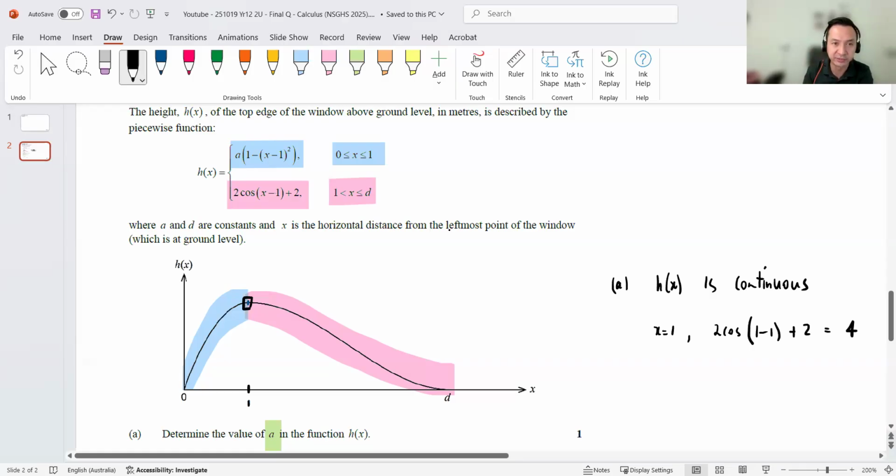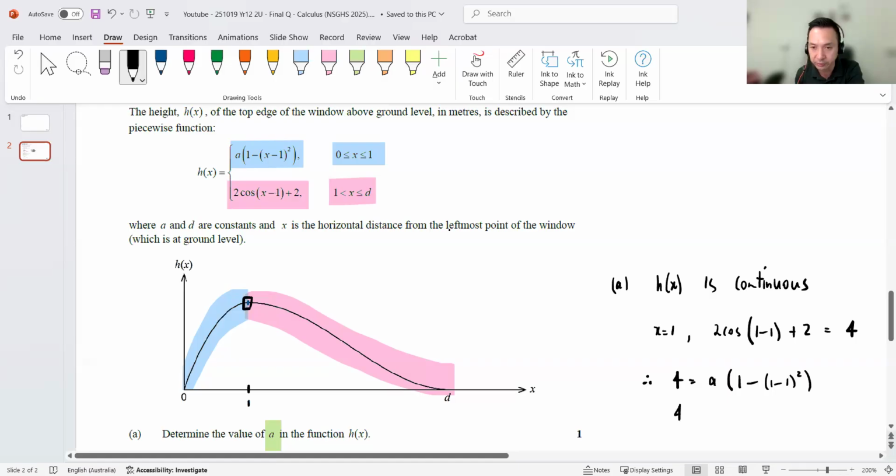Since that's 4, if I sub that into the blue y value there, 1 minus, and I sub 1 as well, squared. Because at 1 they both have the same y value, I found it on the pink and then use it for the blue.